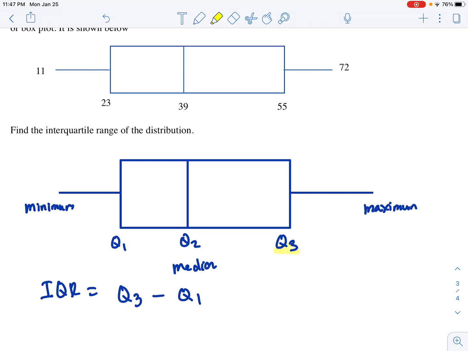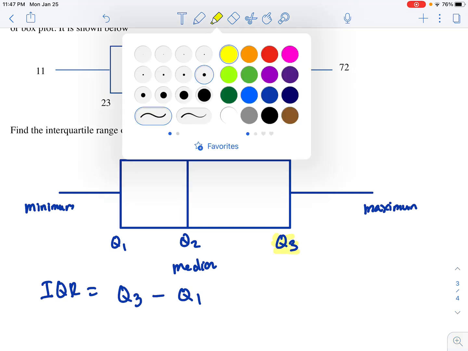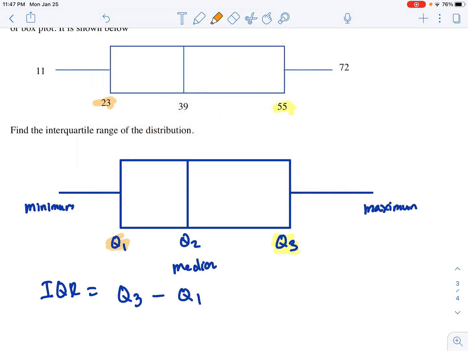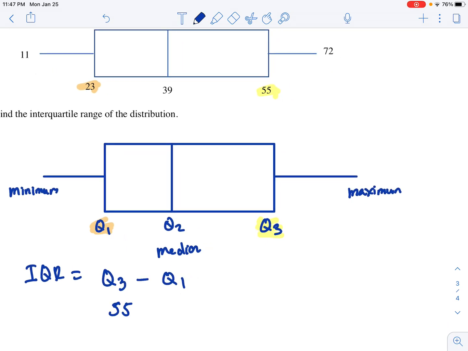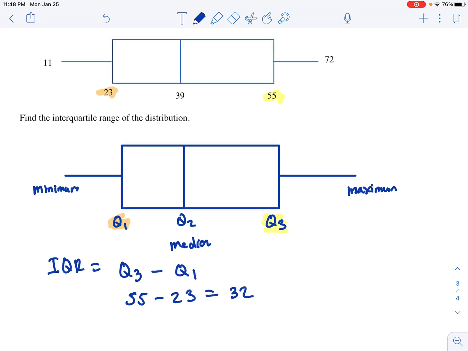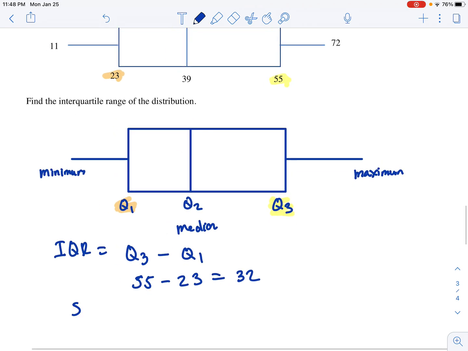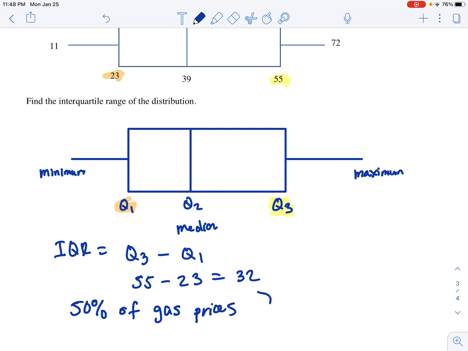So if we match it up, Q3 is 55 minus Q1, which is 23, which gives us 32. So what that means is that 50% of gas prices will fall within that range of $32.